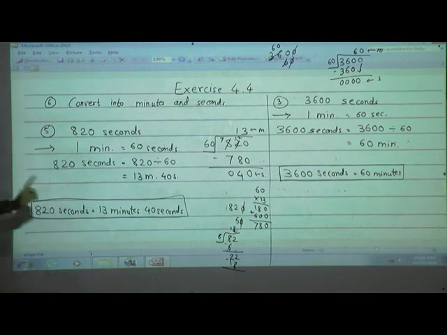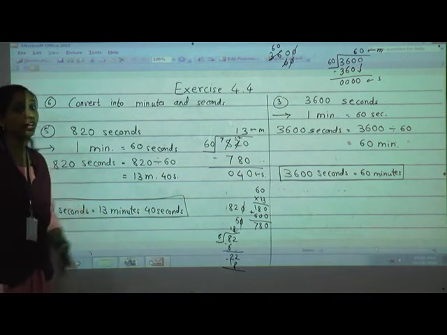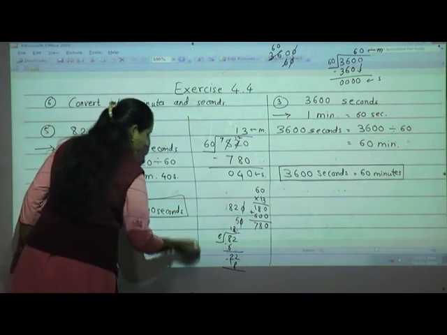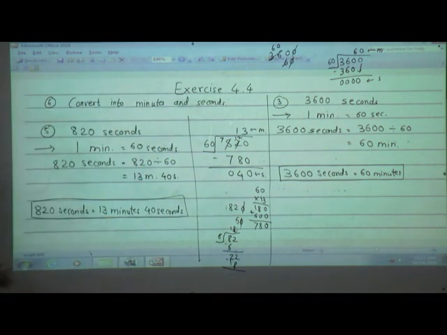See, this is very important, minutes and second. What you have done exactly, how you have converted. Rough work also very important, students. So rough work you have to do with pencil, not with pen. And you can draw one line here. Clear?